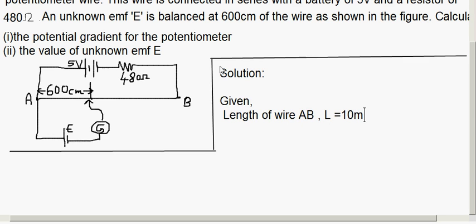And also resistance of wire AB, equal to RAB, and the value of RAB given is 20 ohm.